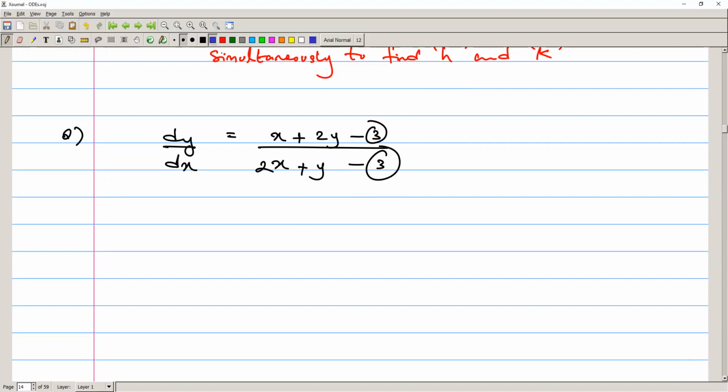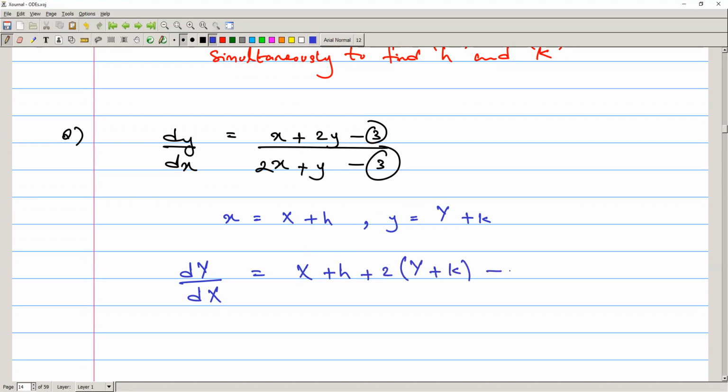Now, first of all, we are going to use the substitution, that is x equals X plus h and y equals Y plus k, right? And we will put it into the equation, so we will have dy over dx equal to (X plus h plus 2 times (Y plus k) minus 3) divided by (2 times (X plus h) plus (Y plus k) minus 3).